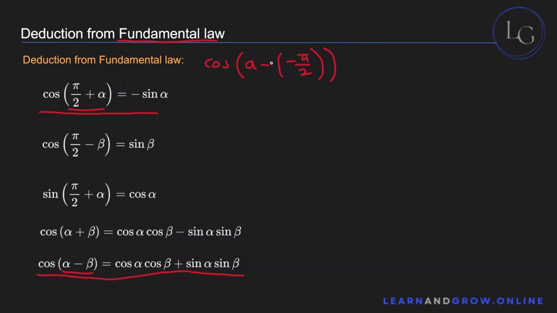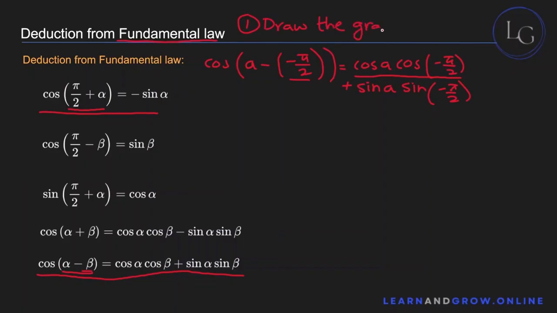So in this particular case, if you compare it with the fundamental law, beta over here is negative pi by 2, right? So this becomes cosine alpha into cosine negative pi by 2 plus sine alpha into sine negative pi by 2, right? Let's see this term first. Now always remember the absolute first rule when doing these questions: draw the graph. It is very important. So let's first draw the graph of the cosine function.